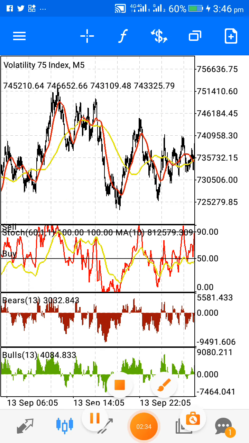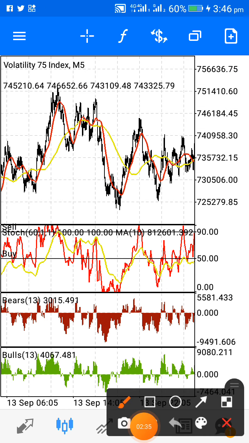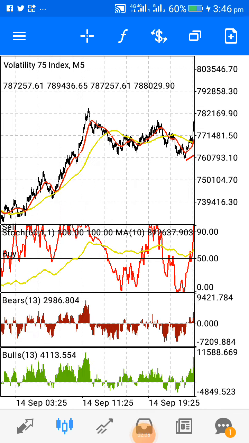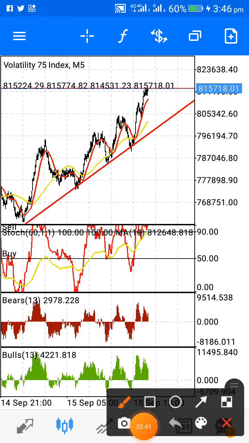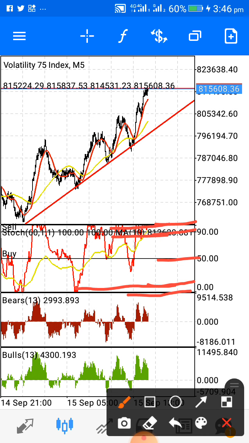Let me come again. This is your line 0, this is your line 10, your line 50, your line 90, and your line 100. Between your line 0 and your line 10 is your oversold zone. Between your line 90 and your line 100 is your overbought zone.